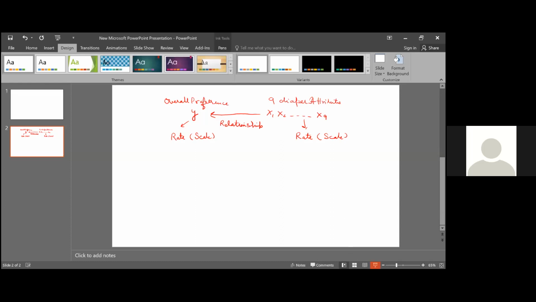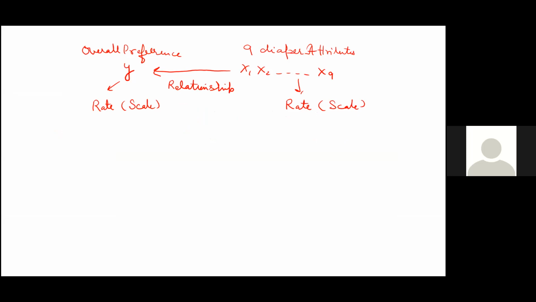So they are rated on the scale, means they are metric in nature. And on the other side, they are also metric in nature.